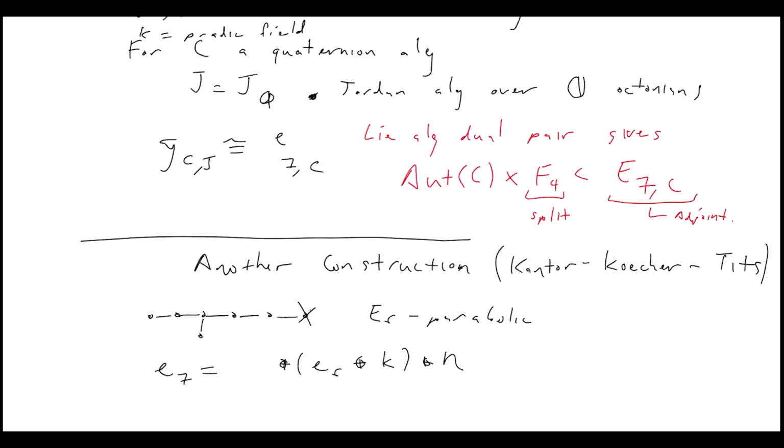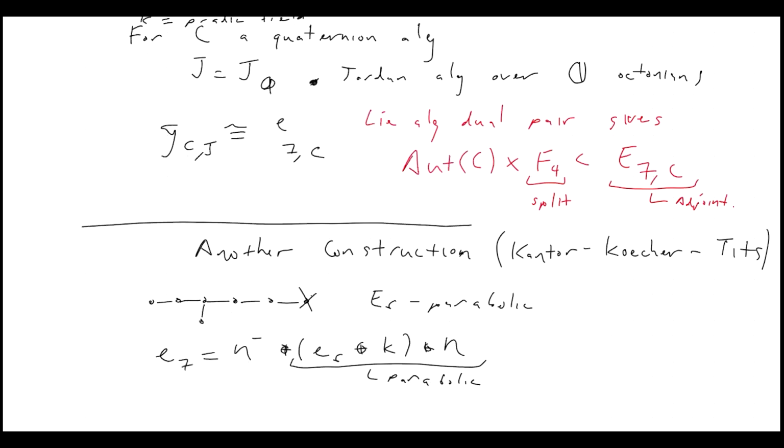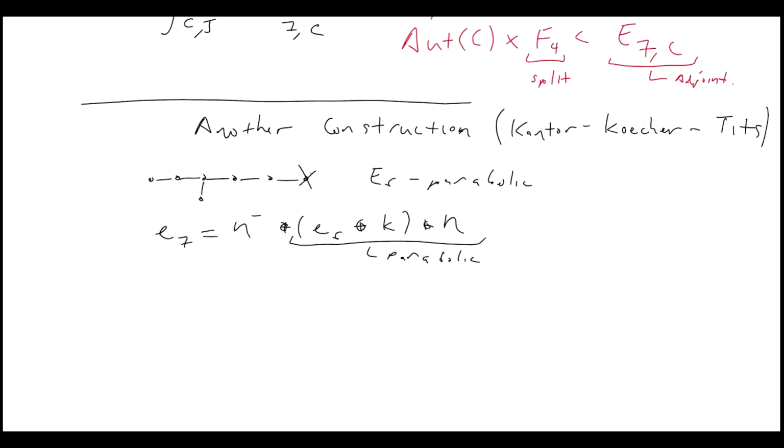So here is our parabolic subgroup, our parabolic subalgebra, with unipotent radical N. And then we also have the opposite. The thing that's going to be important for us is that N can be identified with the Jordan algebra over the octonions. So the unipotent radical admits the structure of a Jordan algebra.